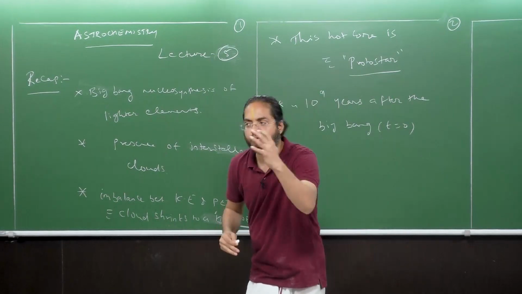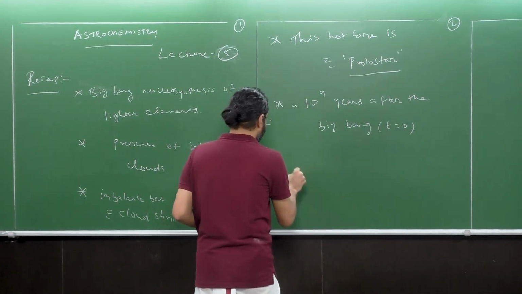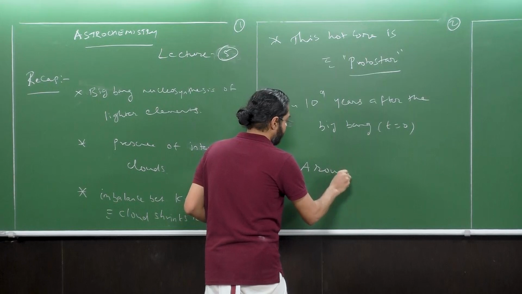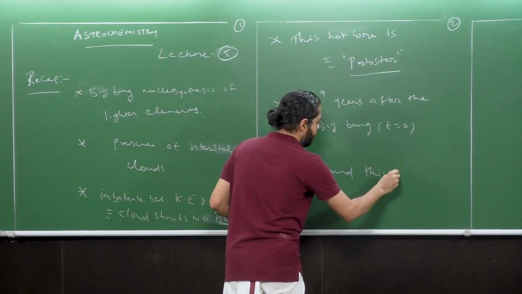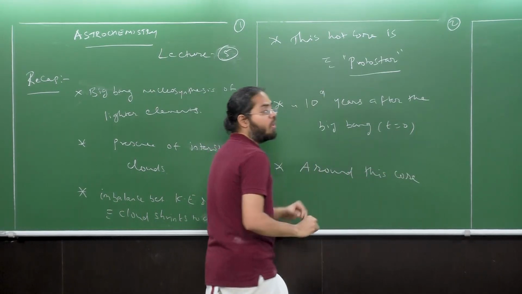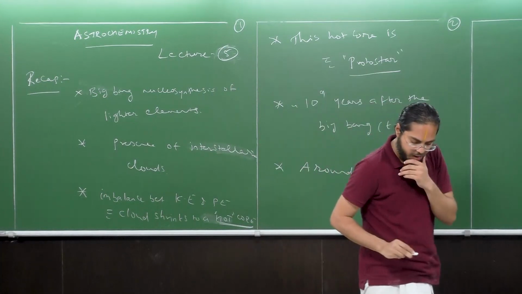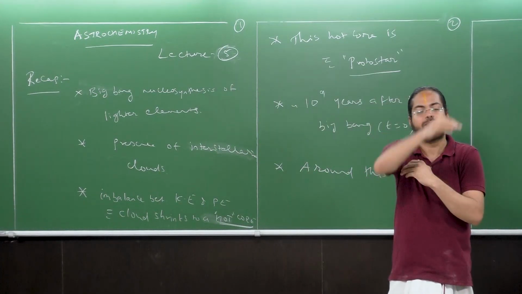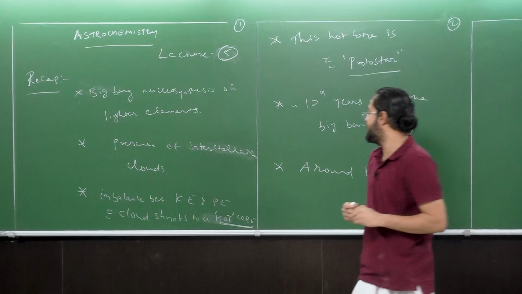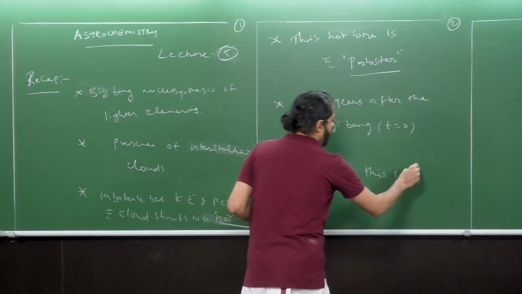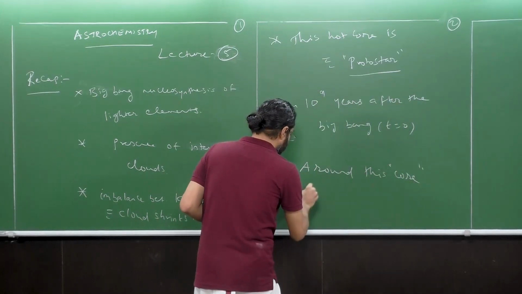Now, around this core, or we can call this protostar, there are lots of molecules, atoms, ions. They keep rotating around the core.